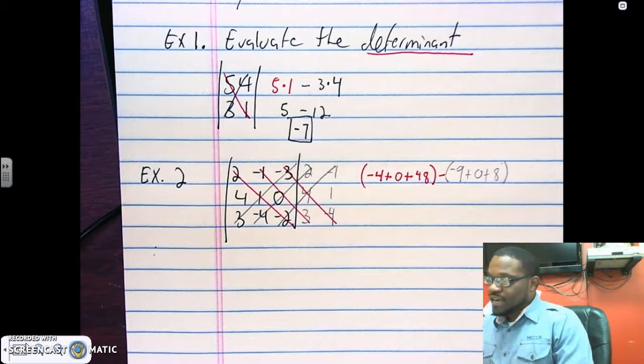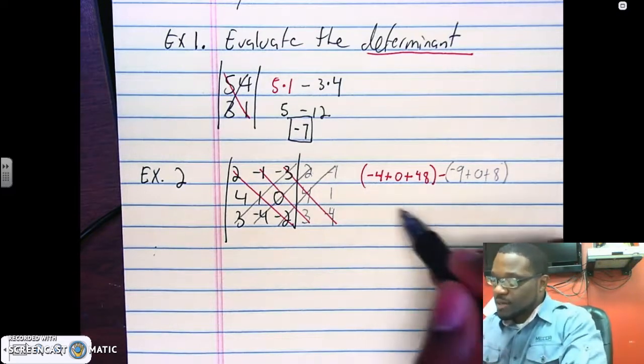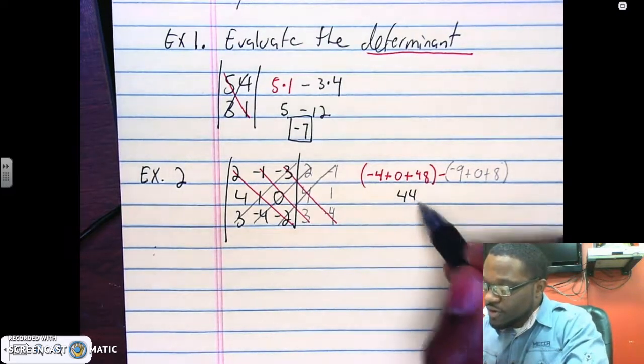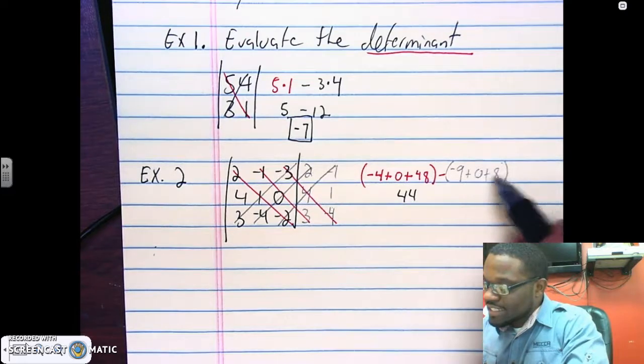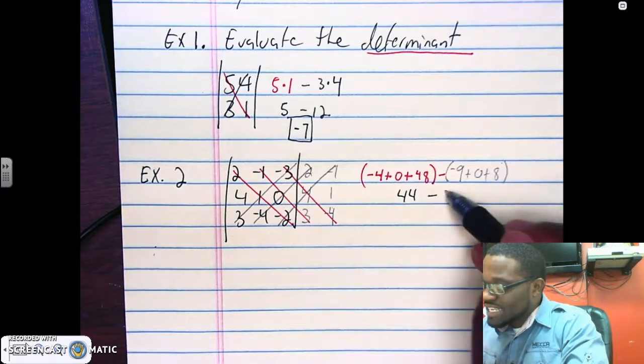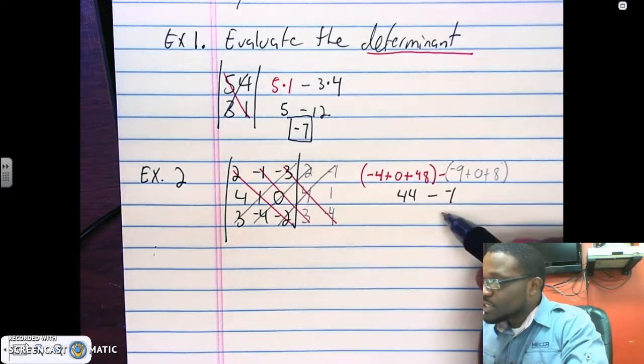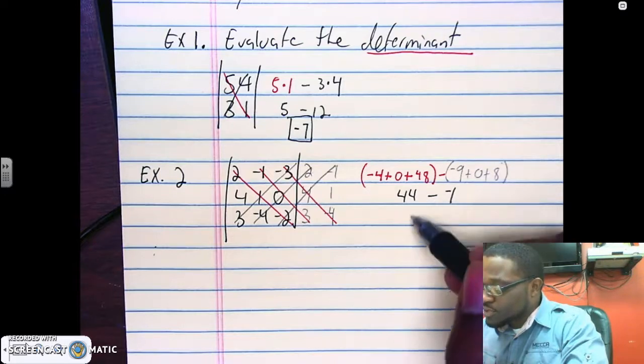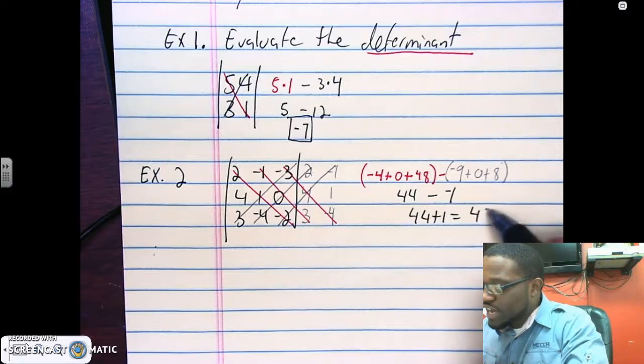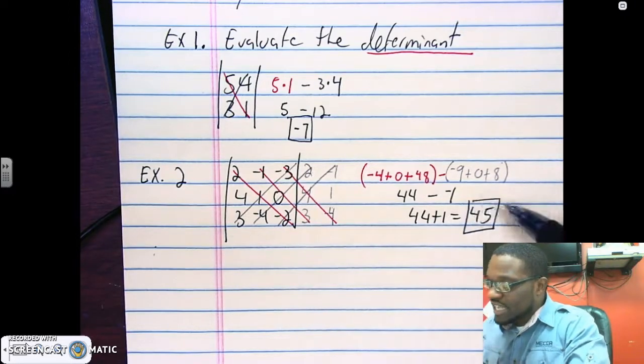Now this becomes 44, and this is negative 9 plus 0 plus 8, which is negative 1. So really this becomes 44 plus 1, which equals 45. That's the determinant.